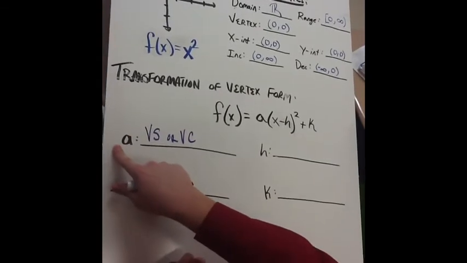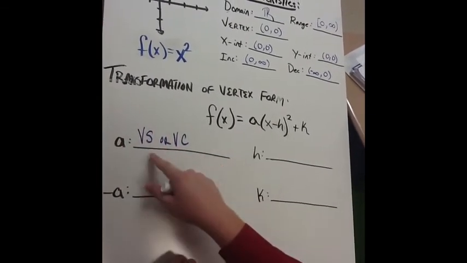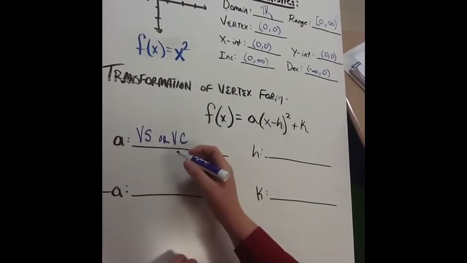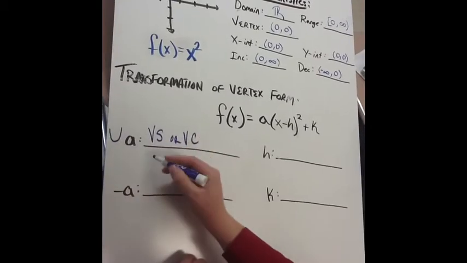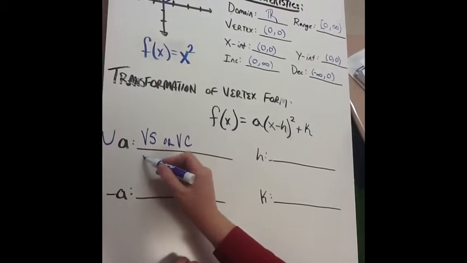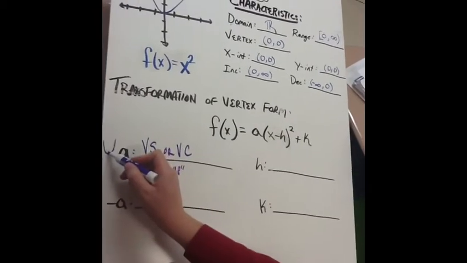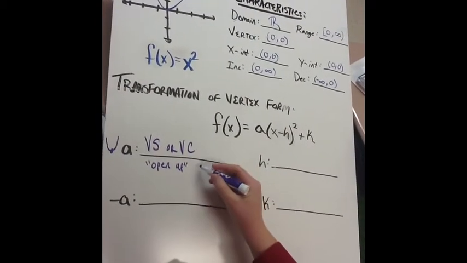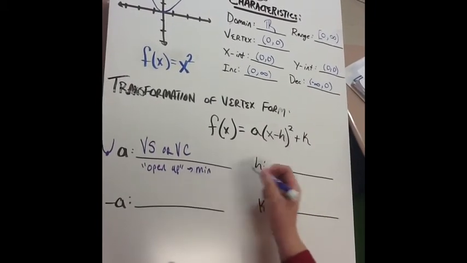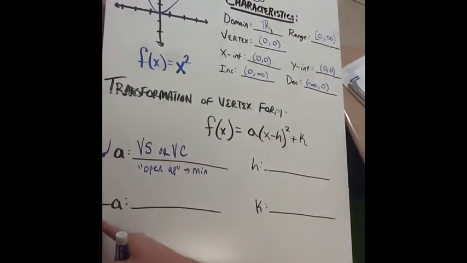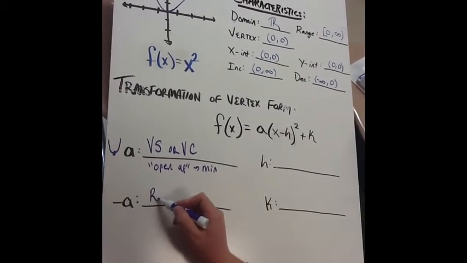Obviously right now we're looking at a being positive, so this is going to be a graph that looks sort of like this, and it's what we call opens up. Also, this is going to give us a point down here, our vertex, which is going to give us a minimum. If we look at a being negative over here, what the negative is going to do is reflect over the x-axis.